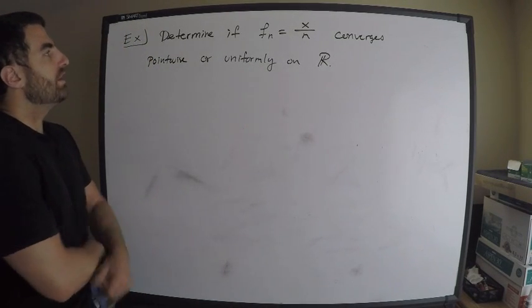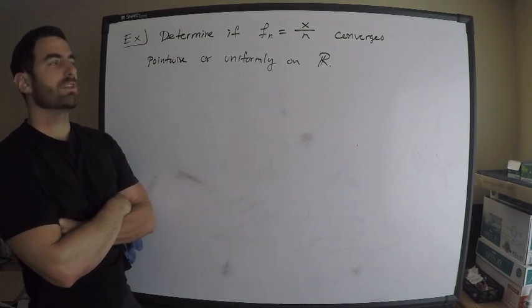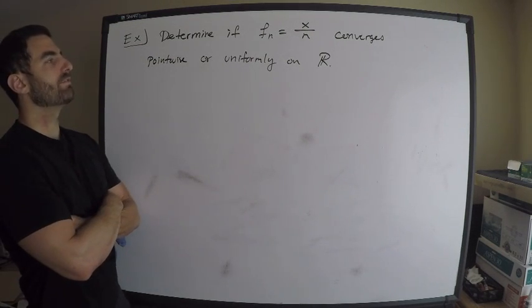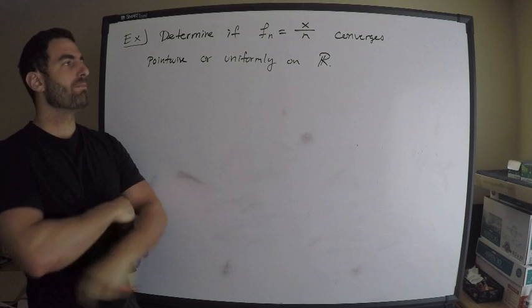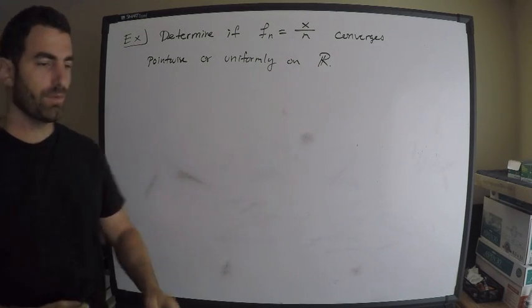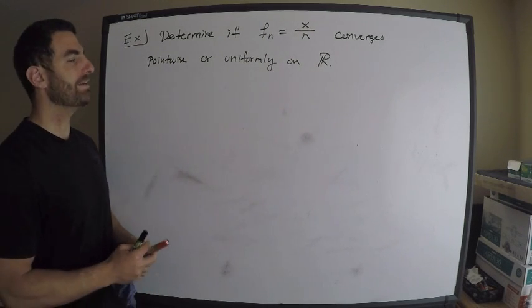So does this sequence of functions converge pointwise or uniformly on the metric space R? So this was playing the role of what was previously called E.